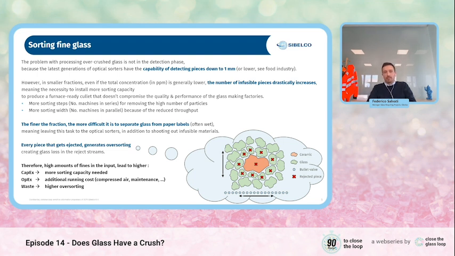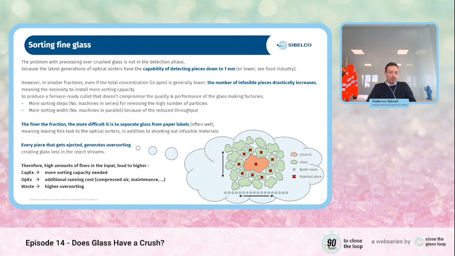Also, when we're dealing with fine fractions, we see that it becomes difficult to sort paper from glass. Paper is normally sorted by means of air systems, so this can be suction points, cyclones, blowers, or air knives, but all of them exploit the difference in weight between paper and glass. However, in the fine fractions, and especially when the paper is wet, after having absorbed the humidity or the moisture or the water in general, glass and paper tend to have the same specific weight.